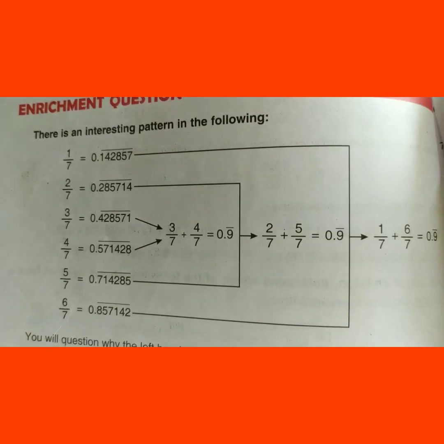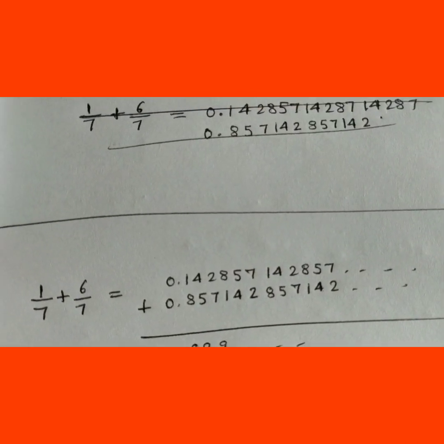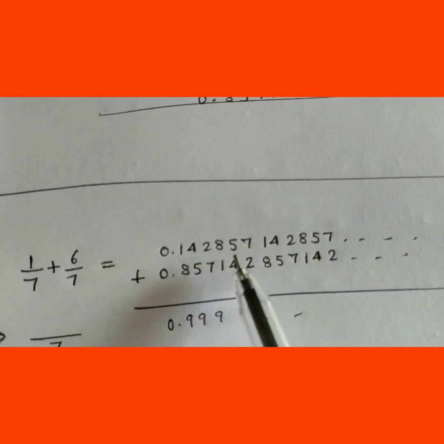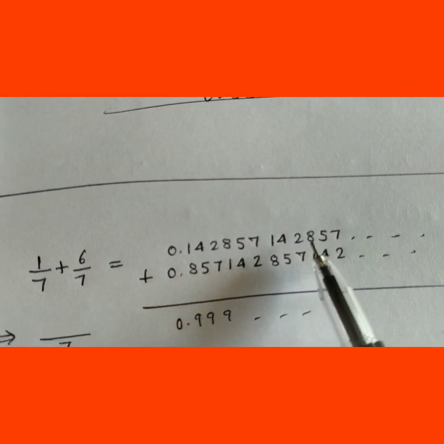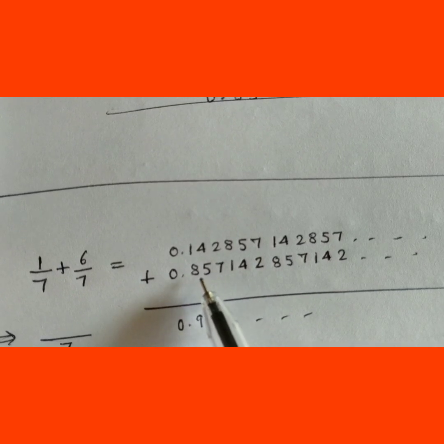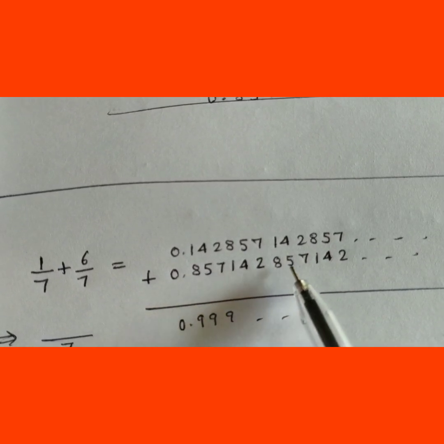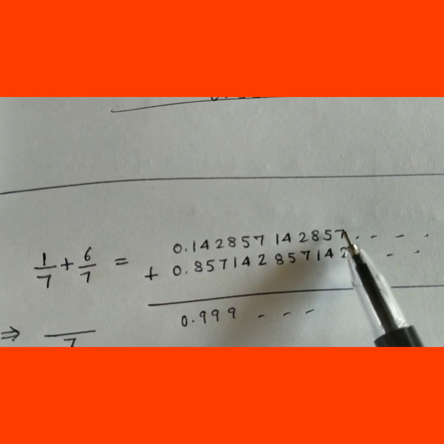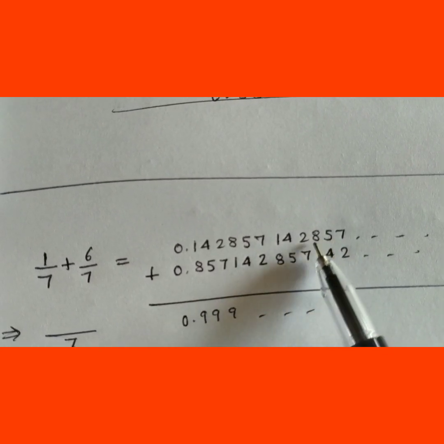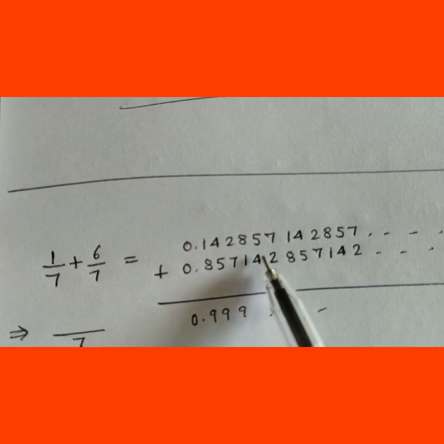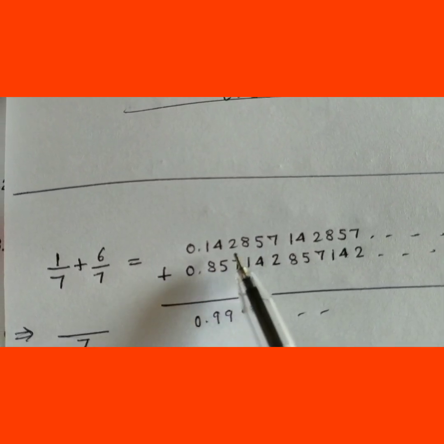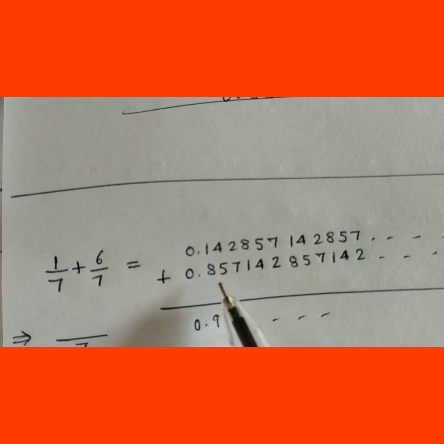So let's take another example. Suppose you have to add 1/7 and 6/7. Now 1/7 is 0.142857142857 and so on, and 6/7 is 0.857142857142 and so on. Now 7 plus 2 is 9, 5 plus 4 is 9, 8 plus 1 is 9, and so on.